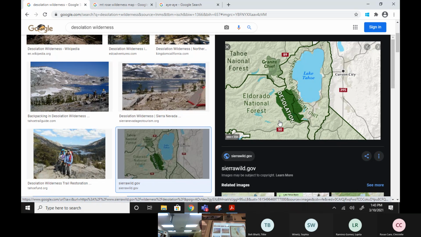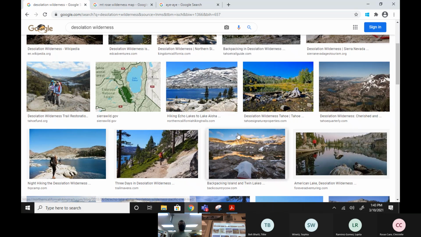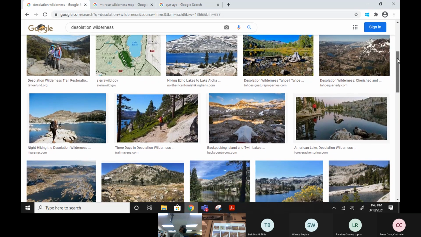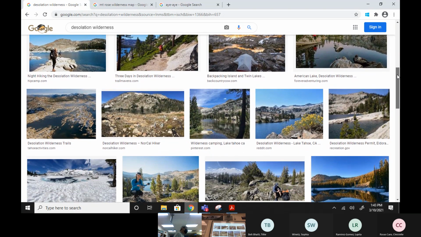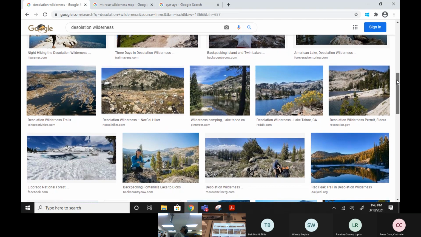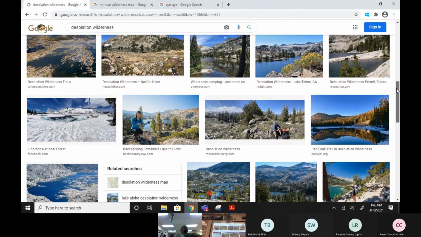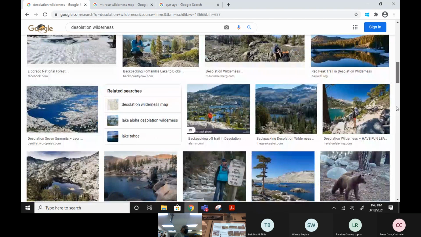It's beautiful. There are mountains and lakes there, dozens and dozens of lakes. You can see all these people have posted photos of backpacking in the Desolation Wilderness. Some people like to go fishing at the little lakes. Other people like to climb up on the mountaintops for the views.